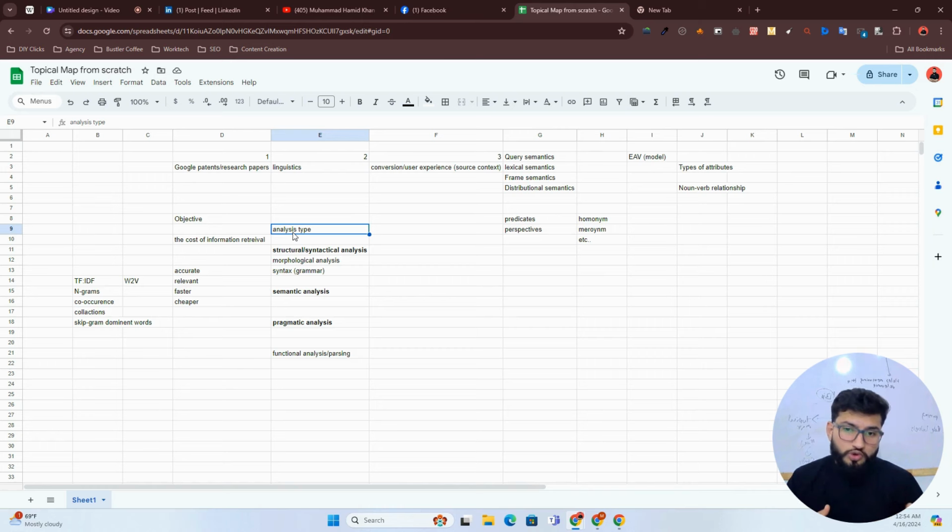As you go into lexical relations, there are more things. So I'm just giving you the hint that the topical map will be revolving around linguistics as well.